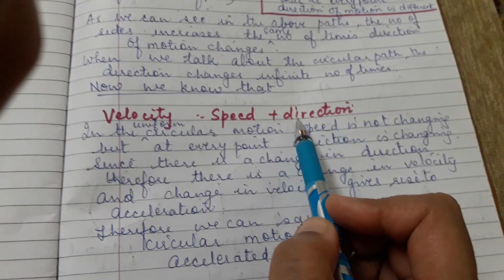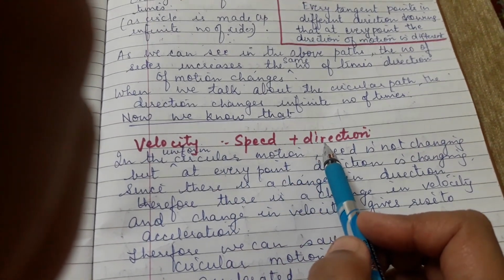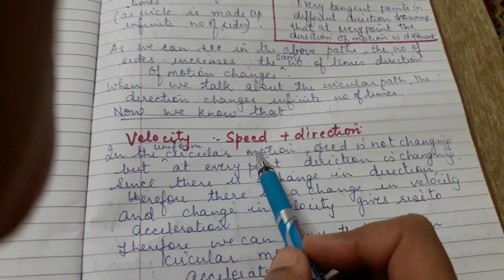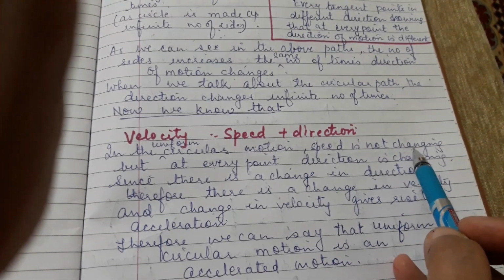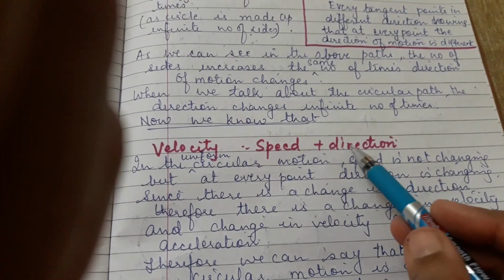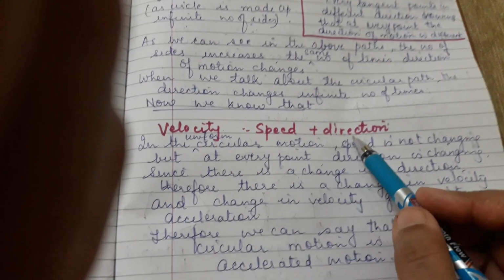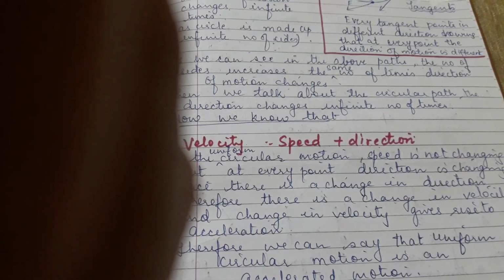In uniform circular motion, speed is not changing at all because the object is moving with the same speed. What is changing? Direction. That means if the direction is changing, velocity is changing.